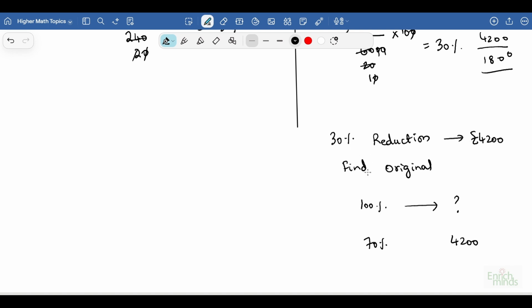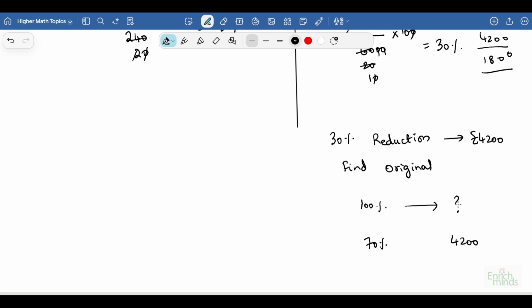So after a reduction of 30%, what remains is 70%, and 4,200 pounds is 70% of that value. So here, in other words, we are going in a reverse way. We are trying to figure out the original value, the actual or the old value, the initial value of the car.